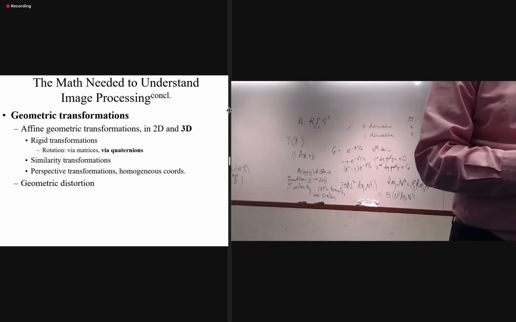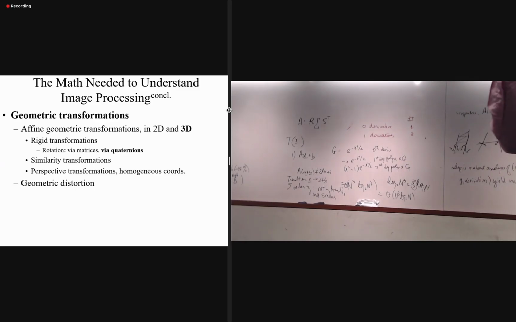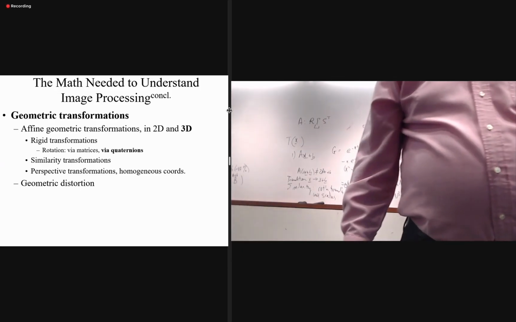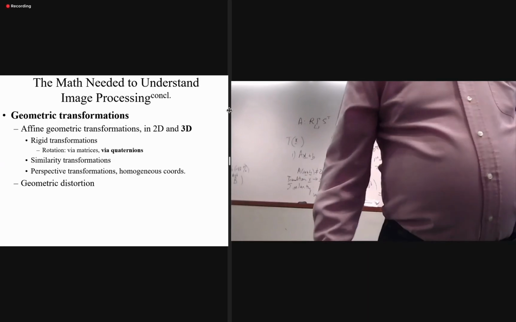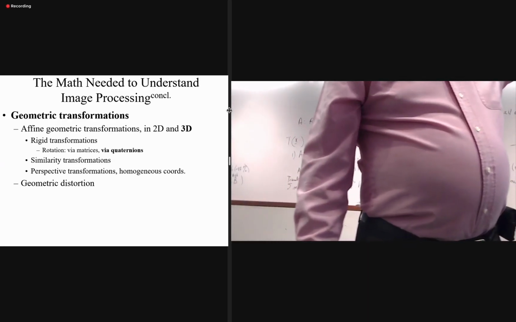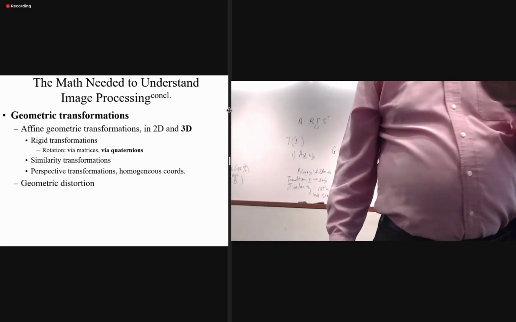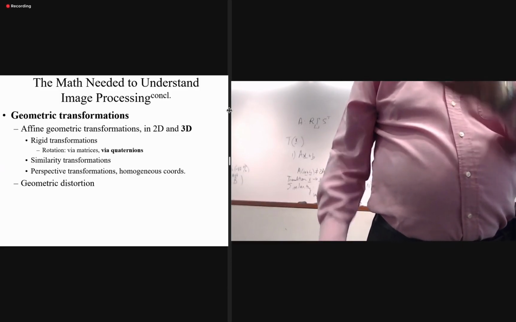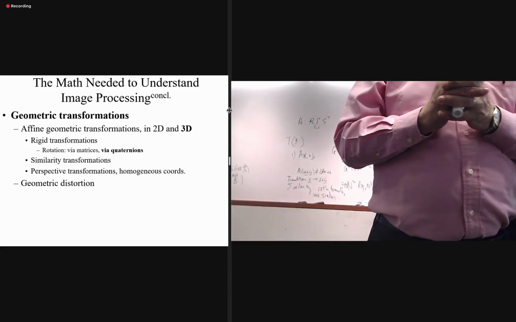The last thing is distortion, where T is not affine. Different parts of the images are stretched different amounts, or rotated different amounts locally. And we need to be able to think about that. And that's what this section of the course is about.